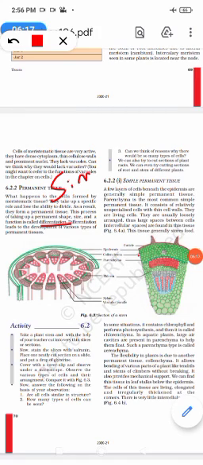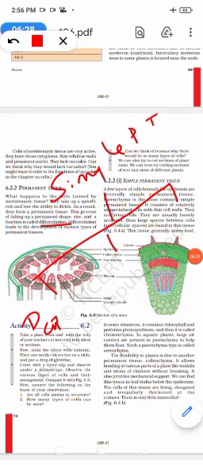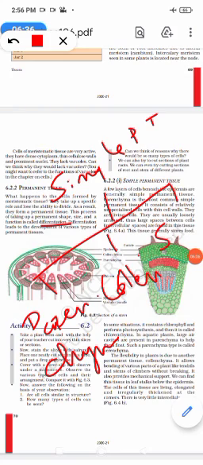By their role, they are of three types: parenchyma, collenchyma and sclerenchyma. So there are three different types of simple permanent tissue.